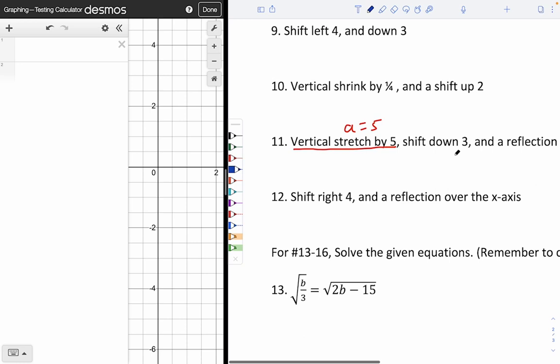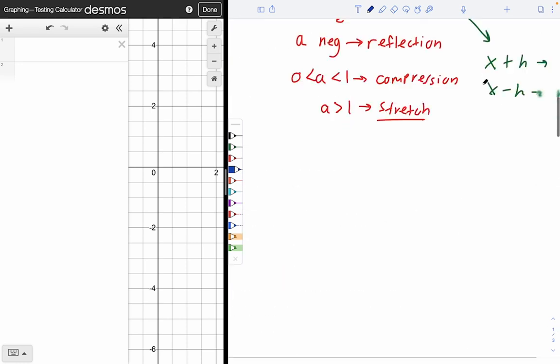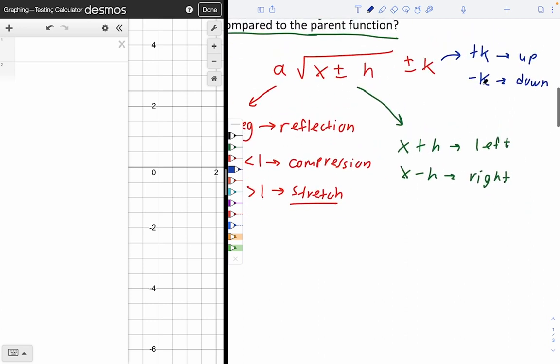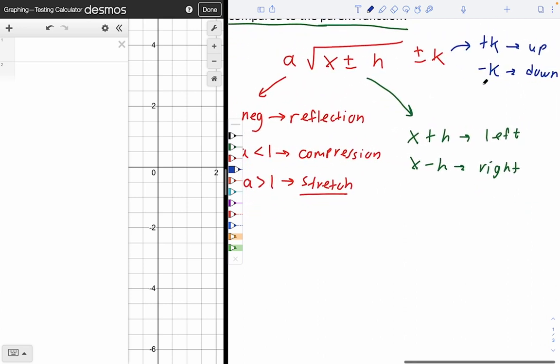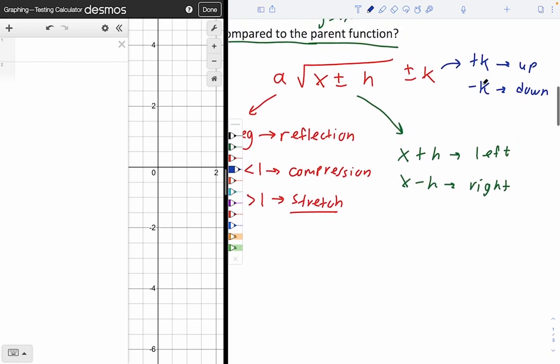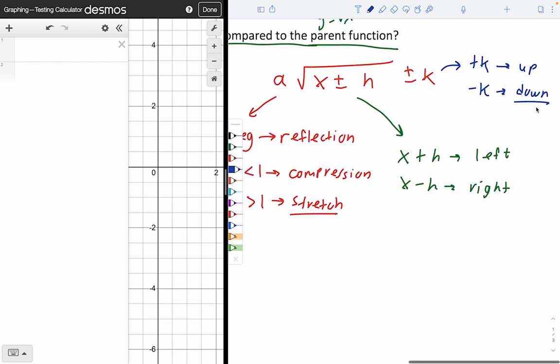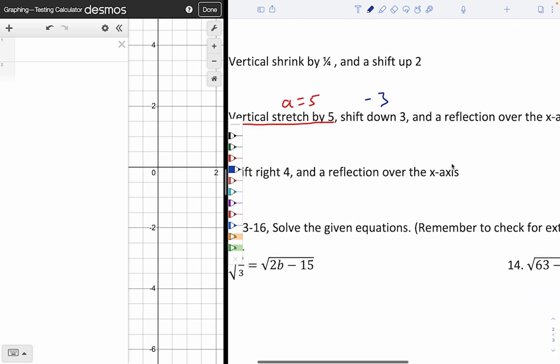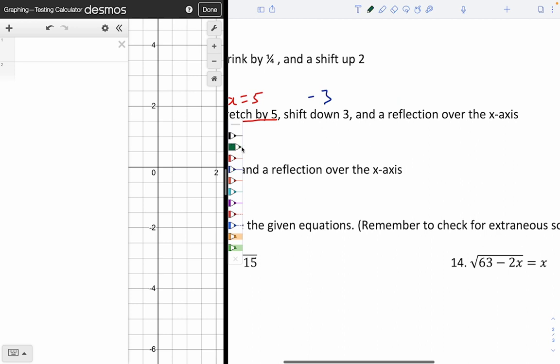Down 3. What part of our equation causes it to go down? So here's our rules. Where do we see down? Minus k. So if I have down 3, it would be a minus 3 k value. And then I have reflection over the x-axis.